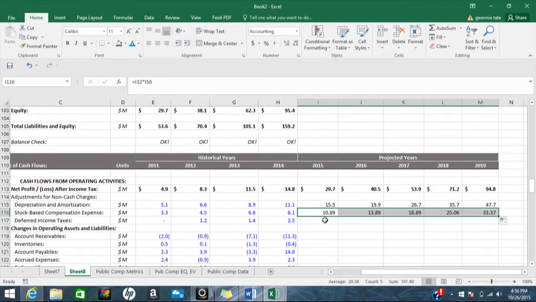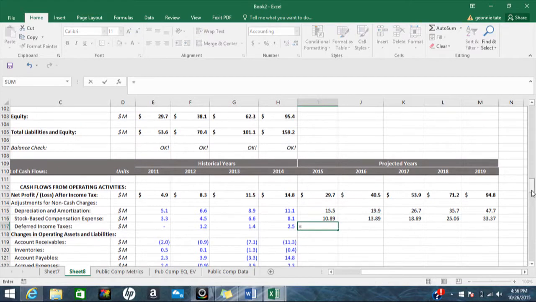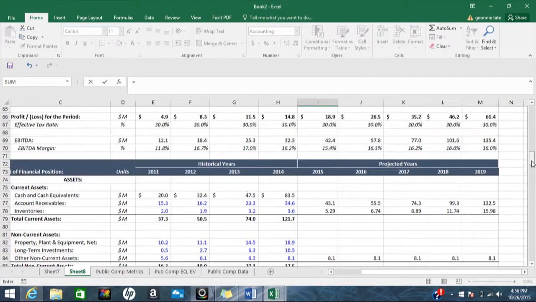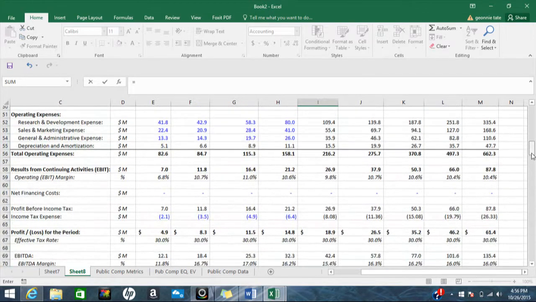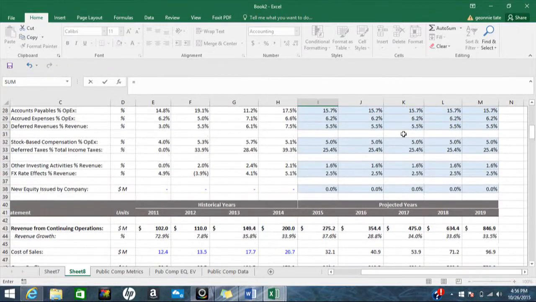For the deferred income taxes, I'm going to go up, get that metric.